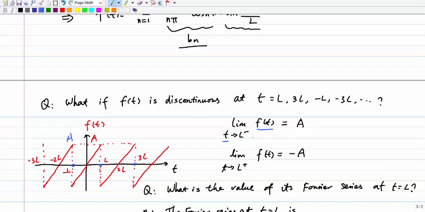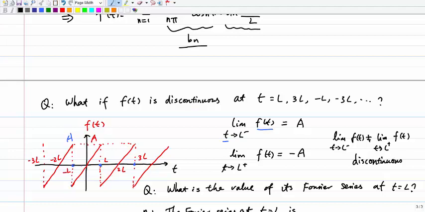So as a matter of fact, the limit of f(t) from the left hand side at L and from the right hand side are different. Which means the limit as t goes to L minus of f(t) is not equal to the limit as t goes to L plus of f(t), which means this is discontinuous. There's a jump at this point.